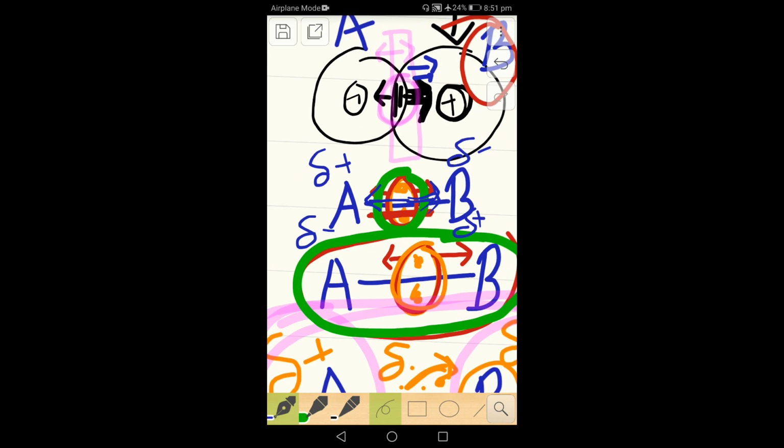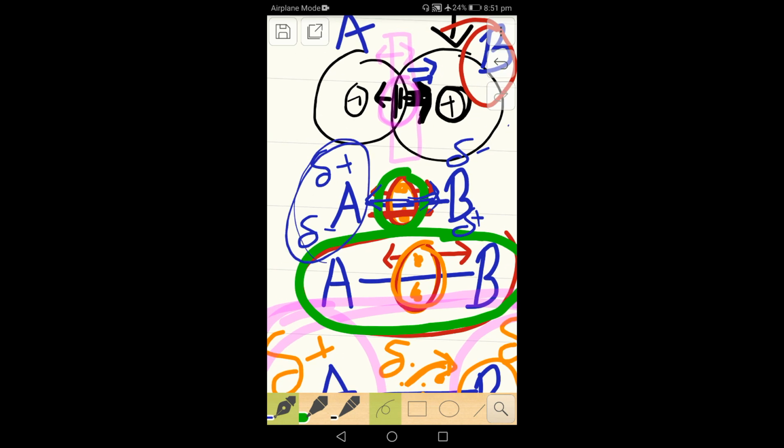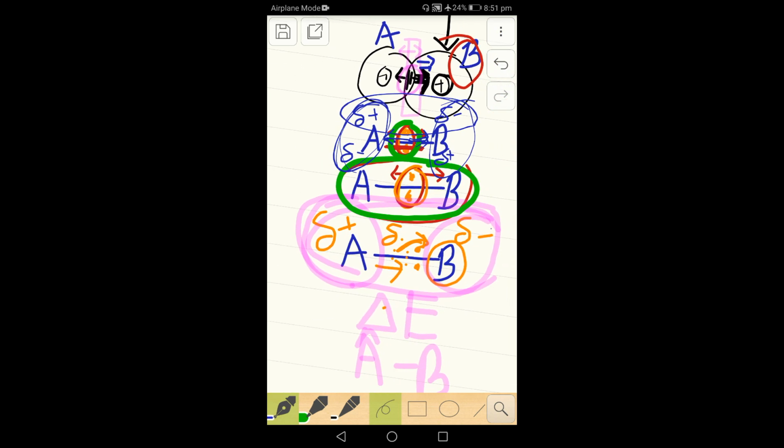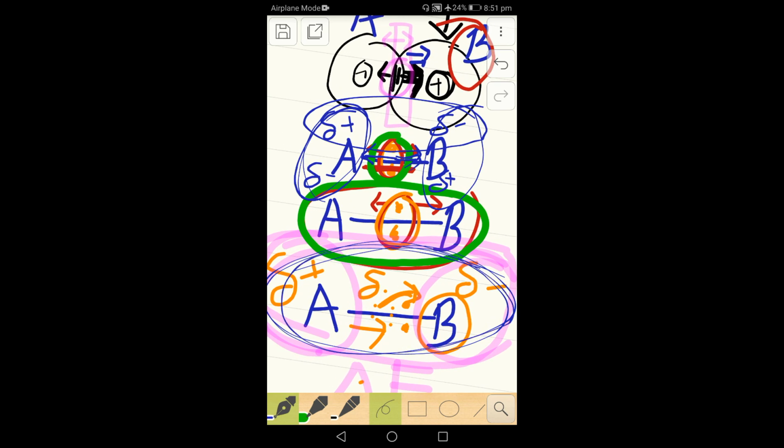So the overall positive and negative cancel out. So a dipole is created same as in this case, but in this case the dipole was permanent. Look, I'm circling. In this case the dipole was permanent, but in this case the dipoles are not permanent, and still the dipoles cancel out.